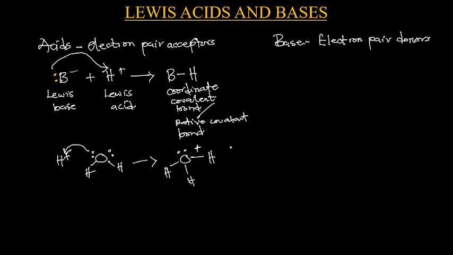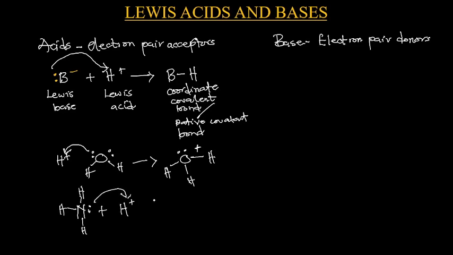All right. So let's look at another example. Another example is ammonia, NH3, donating to a proton. Remember, in ammonia the nitrogen has a lone pair on it. So what is going to happen is it will donate this lone pair into an empty orbital of hydrogen or proton.